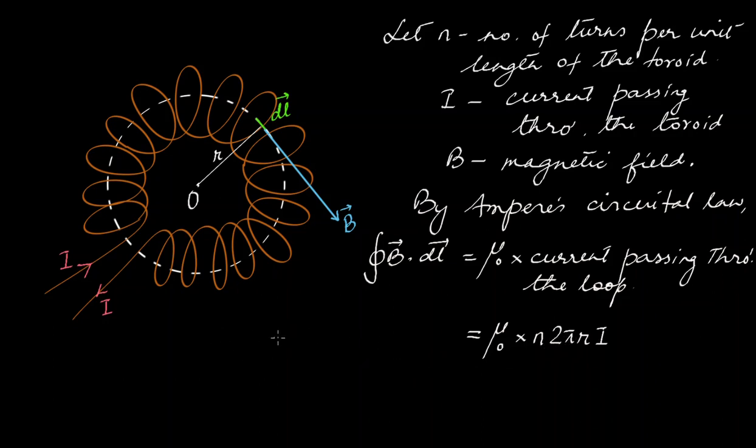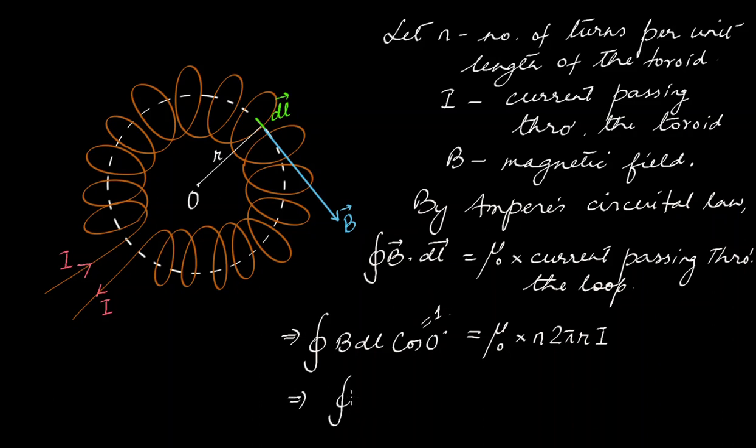Okay, and what is the value of this integration on the left hand side? Let us apply the dot product here. You have B dl cos 0 degree, and by now you know why this is 0 degree, because dl and B are along the same line, and we know that cos 0 degree is 1.